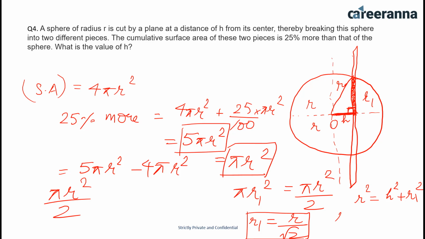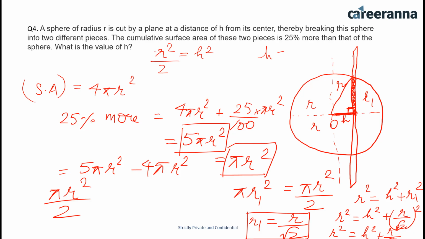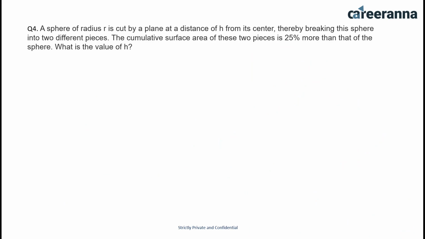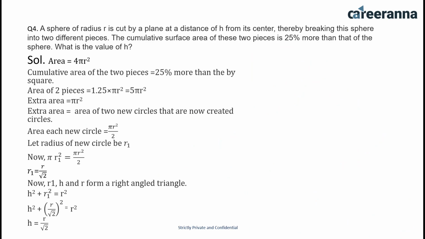So r square is equal to h square plus r by root 2 whole square. This becomes r square is equal to h square plus r square by 2. R square by 2 is equal to h square. The value of h comes out to be h is equal to r upon root 2. So our answer to this question is h is equal to r upon root 2. Let's look at the solution to this question. Moving on to the next question.